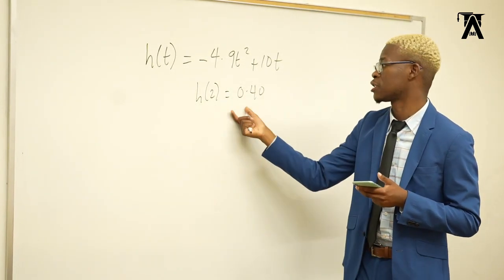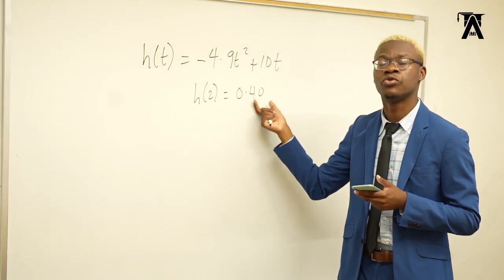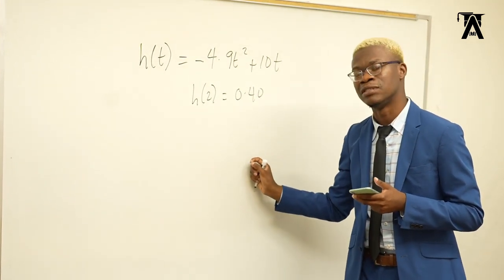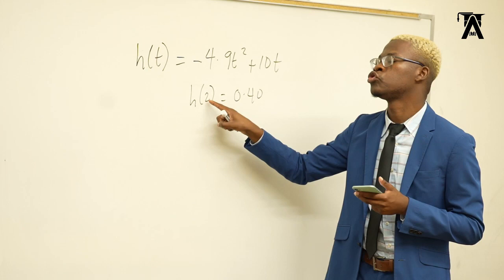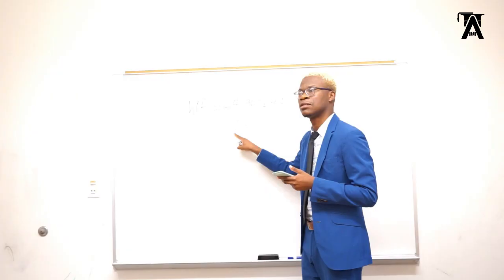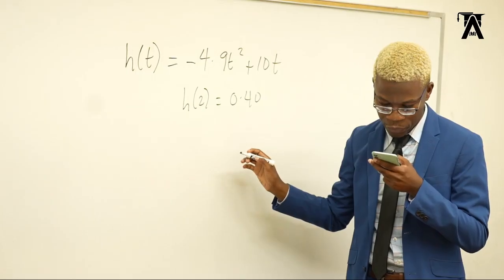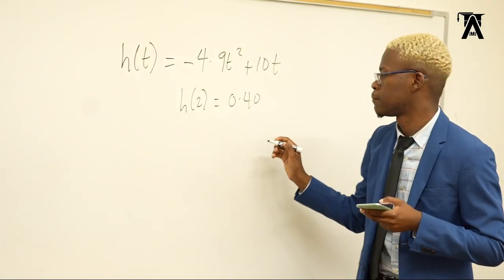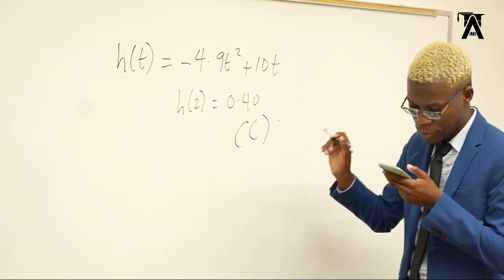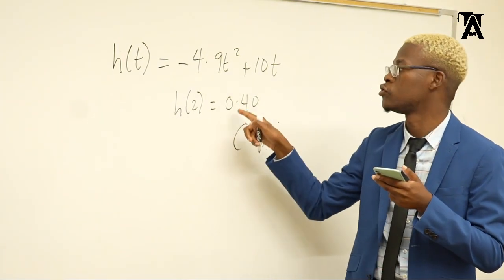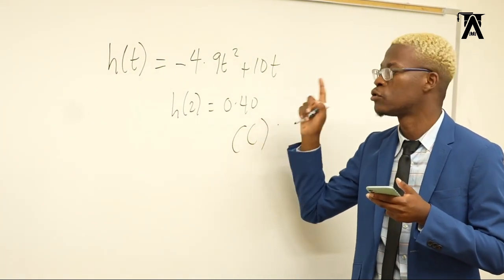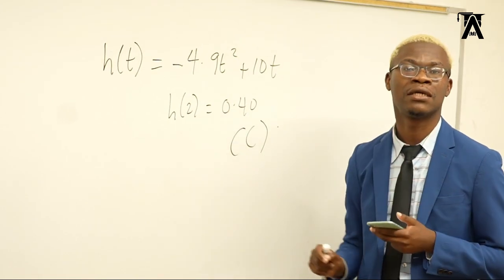So what does this expression mean? 0.40 represents the distance the football travels 2 seconds after it's kicked, and the answer to that is C. So it represents the football has a height of 0.40 meter 2 seconds after it is kicked.